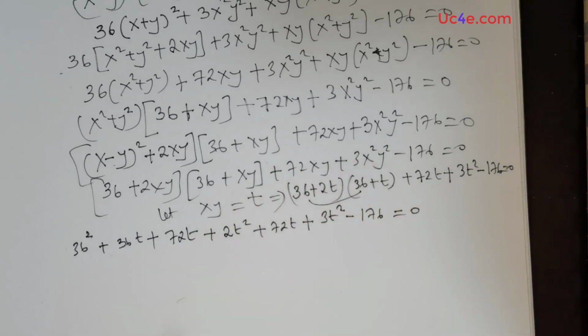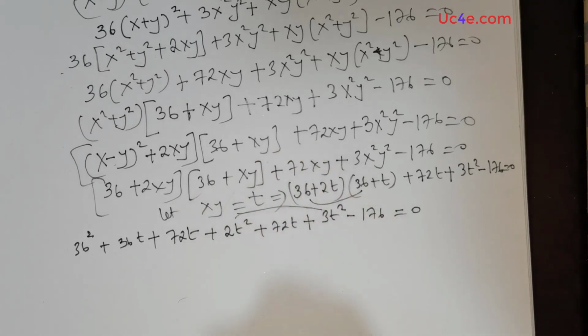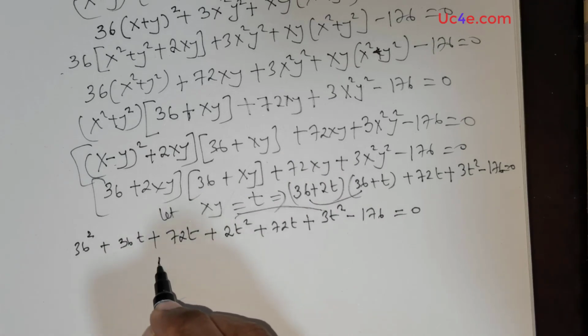Now this is a quadratic equation, and we will have to simplify this so that we can get the value. That is an important part that we have to handle. So we got a 2t squared and a 3t squared, so we can add those two together. Is there any other square? So let me just add that. This is going to give me 5t squared.